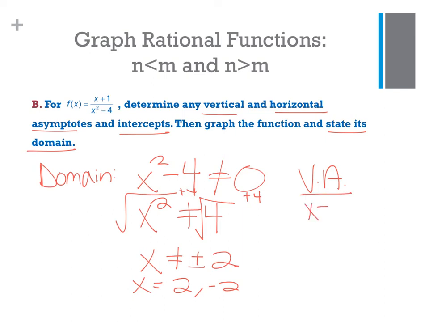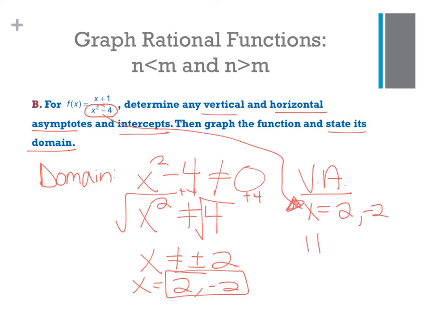And so we will have a vertical asymptote at positive 2 and at negative 2. So wherever our domain is restricted, or whenever our function is dividing by 0, those create vertical asymptotes in our graph. So we have a vertical asymptote at 2 and negative 2.